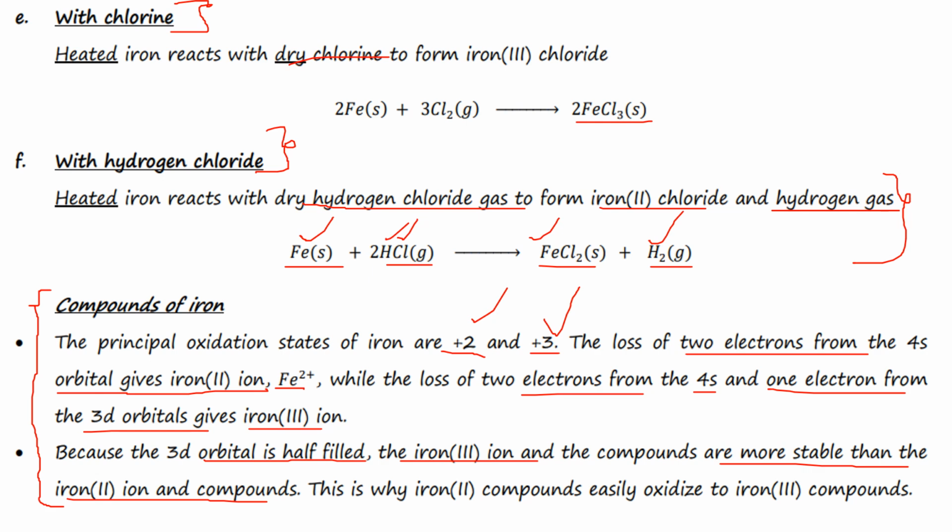So compounds that are present in the +3 oxidation state of iron are going to be more stable as compared to the compounds formed in the +2 oxidation state of iron. So we can conclude by saying that this is why iron 2 compounds are easily oxidized to iron 3 compounds, due to the explanation I've just given.